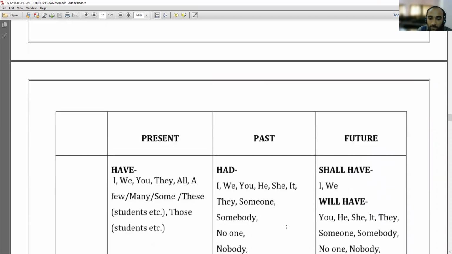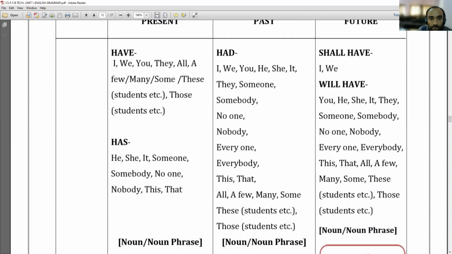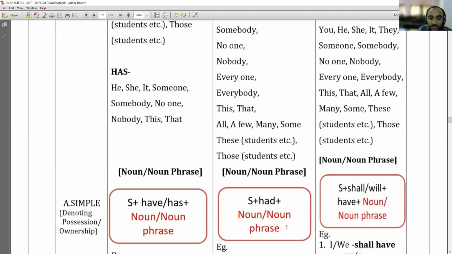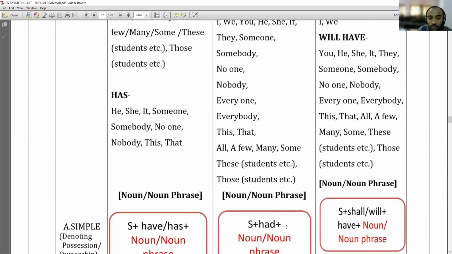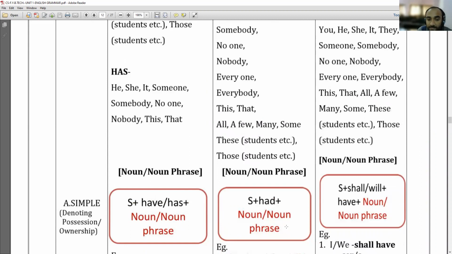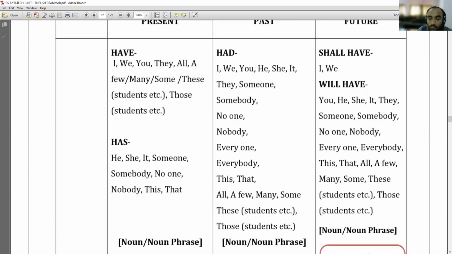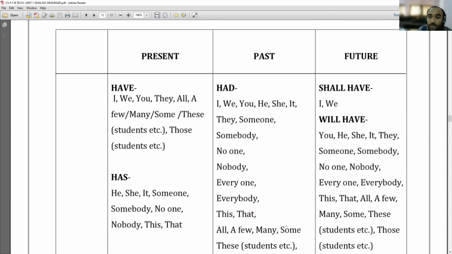We have discussed the possession, for denoting the ownership or possession, what type of verbs we have to use. That also we have seen in the last lecture.